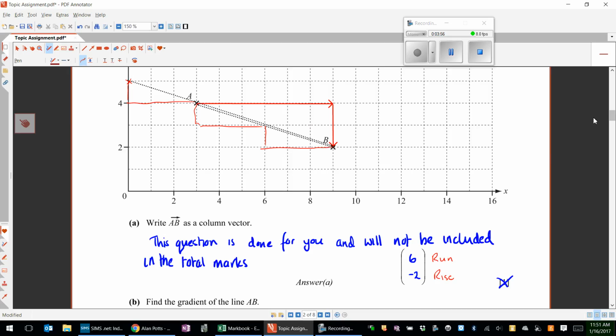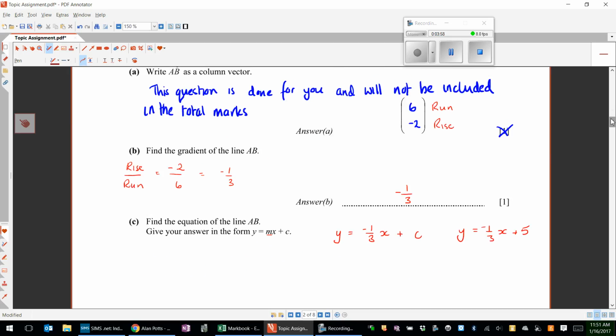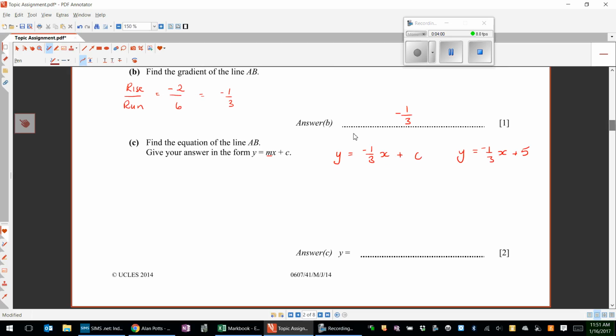So point A was at 3, 4, and point B was at 9, 2. Just in case we weren't able to draw the line, and we had got as far as y equals minus 1 over 3x plus c, what do we do now?